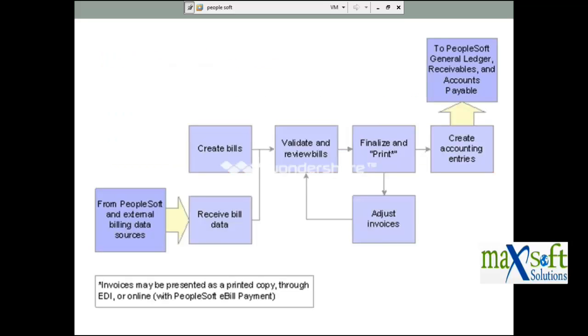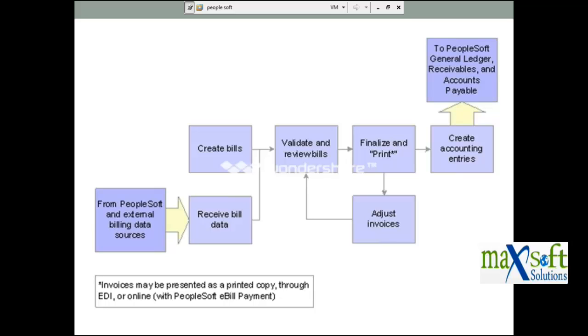Okay. Let's move on to the high-level process flow of billing. Basically, there are two sources available for creating billing in PeopleSoft. We can create the bills in PeopleSoft, and we can receive the data from external sources other than PeopleSoft.